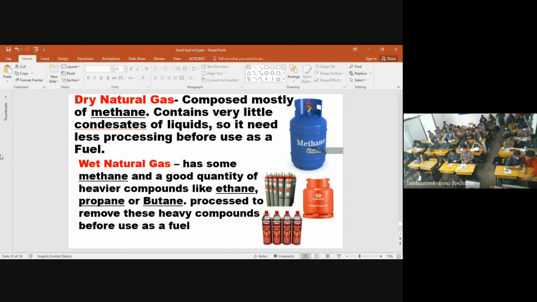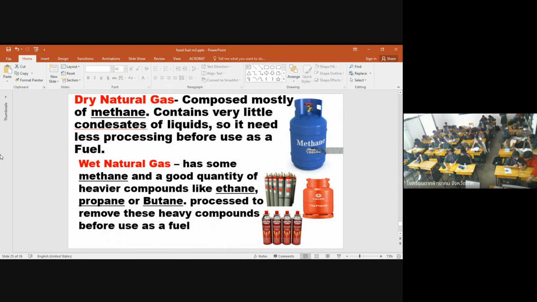We have, of course, your wet natural gas. It also has methane, a good quantity, and heavier compounds of ethane, propane, or butane. So it has a good quantity of heavier compounds, your ethane, propane, or butane.